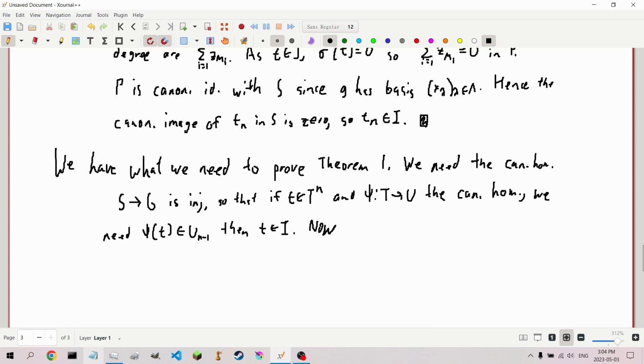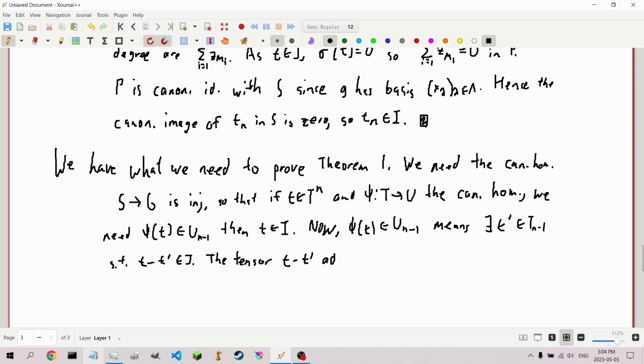Now this condition we have of CT being in U n minus 1 means there exists a tensor T prime from T to the n minus 1 such that T is equivalent to T prime, essentially mod J. And this tensor, that is T minus T prime, admits T as a homogeneous component of order n.